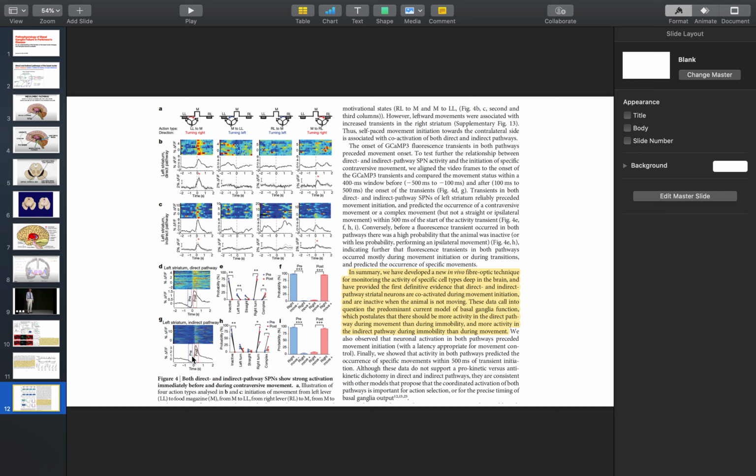The basal ganglia already says how much excitatory movement it's going to cause. So it shows activation immediately before and after, which makes sense.